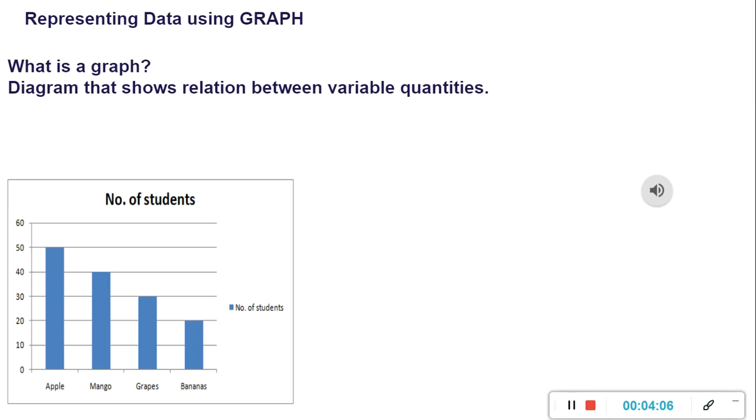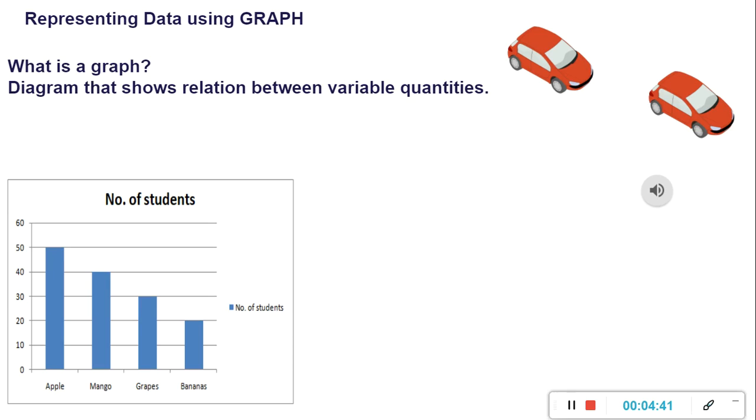So that means the number of students who like apple is not fixed, the data keeps changing, isn't it? So these are variable quantities, the number of students keeps increasing or decreasing. Similarly, the number of students who like a particular type of fruit keeps changing. So they are variable quantities, isn't it? Changing values. And when we have a diagram which shows the relationship between two variable quantities, that diagram is nothing but a graph.